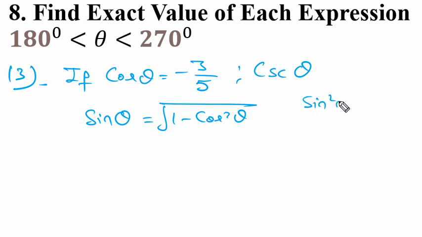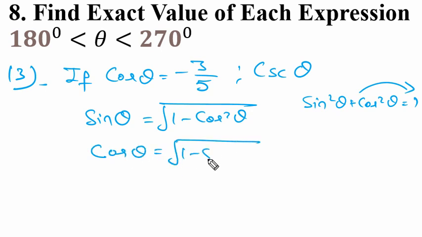Using the trigonometric identity sine square theta plus cos square theta equals 1, you take cos square to the other side, which becomes negative, and then take the square root. You can directly remember these, because we use them again and again: cos theta is the square root of 1 minus sine square theta, and sine theta is the square root of 1 minus cos square theta. If you remember them, you can save a lot of time.